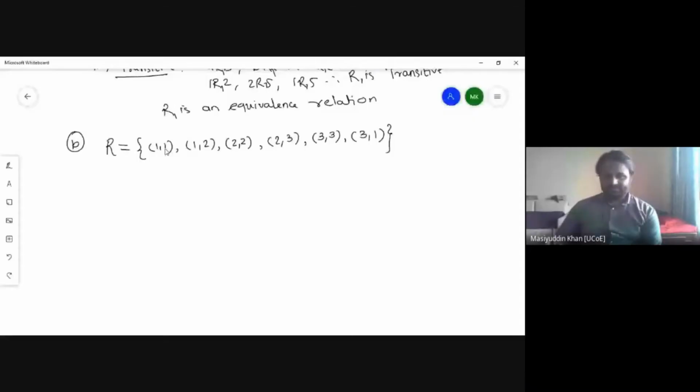So 1 to 2 and 2 to 3, then the pair that must be present is 1 to 3, not 3 to 1. Just try to understand: 3 to 1 is not the same as 1 to 3. That is why I told you yesterday the concept of in and out.